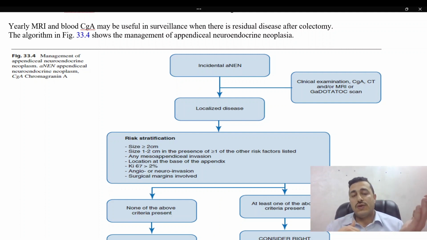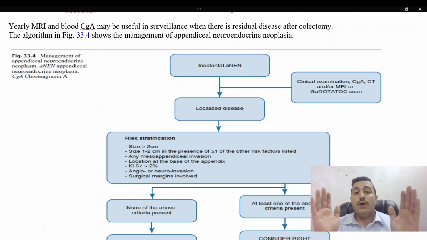If we talk above 2 centimeter, we need right hemicolectomy, because they found the evidence of lymph node metastasis is higher if the tumor size is more than 2 centimeter, while it's low otherwise. Another guidance for the treatment says if it's less than 2 centimeters, appendectomy is enough. Another one says if less than 1 centimeter, appendectomy.